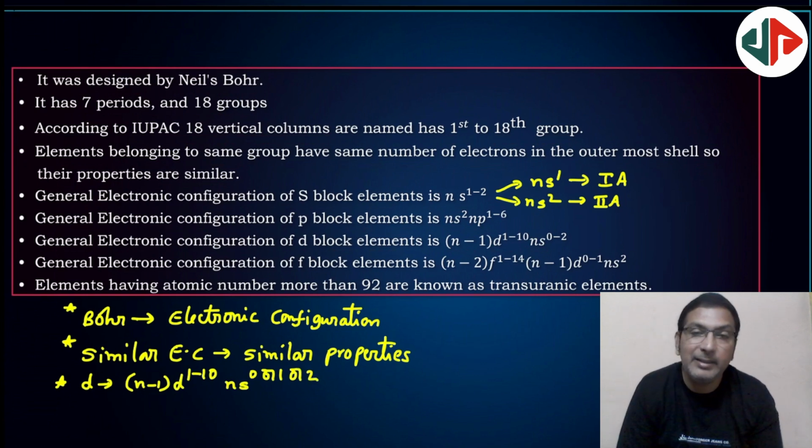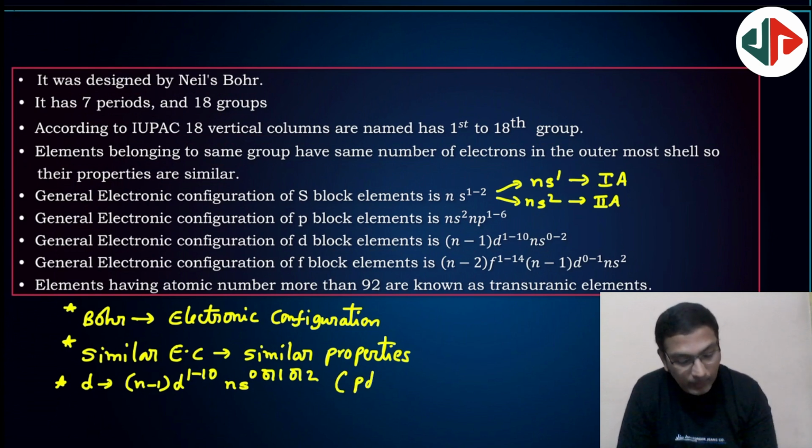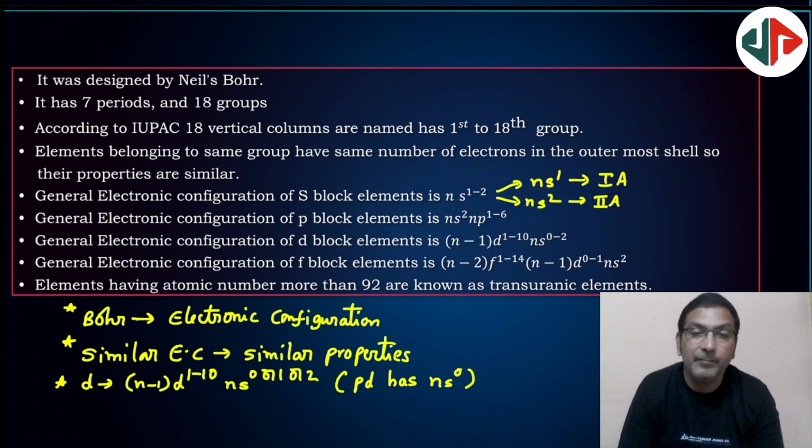For some elements ns0 will be there, simply for palladium. Palladium has ns0 configuration, no electrons in ns subshell. Some elements will have ns1 configuration and some elements ns2. Like that, ns0, 1, 2.